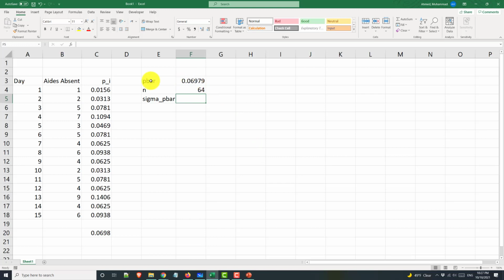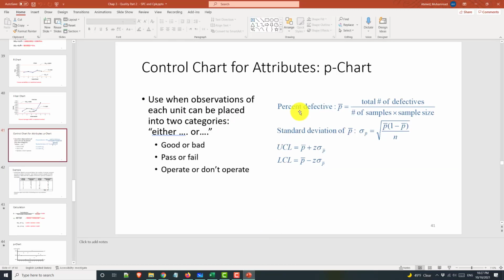It may, because the days we picked may have given us 0.069, but had we picked some other days, we may have gotten like 0.063 or 0.07, right? And so we need to estimate how much P bar can move around. So that's given by sigma P bar, and we have the formula here. It's very simple. You take P bar, you multiply it by 1 minus the P bar, you divide by the sample size, and you take the square root.